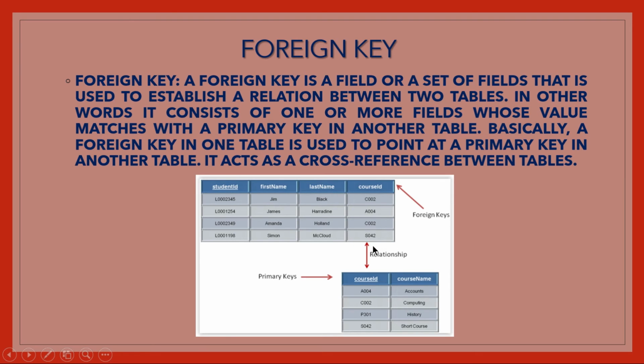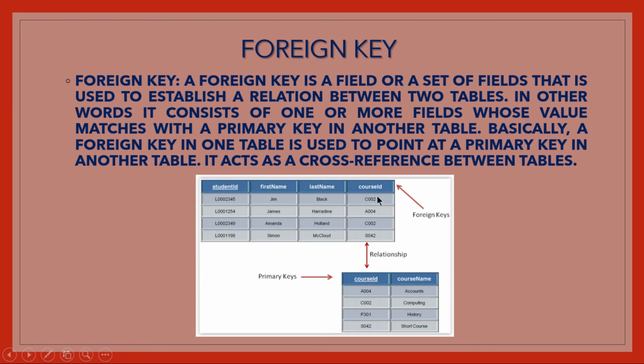This will not be accepted here. Why? Because S048, which is the course ID, has not been referred to over here. So if you want to insert it, first of all you have to enter the course ID S048 here. So the insertion is not possible in the child table, where the foreign key is existing.